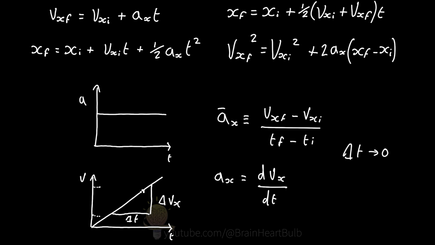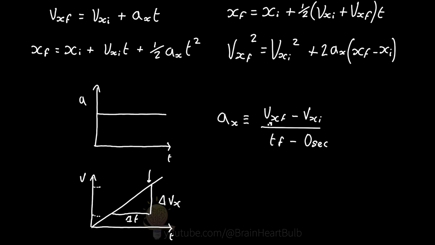If we took the derivative of the velocity time equation, we would get the same value. So we can substitute the instantaneous acceleration into this equation, because they result in the same value when velocity is linear over time, and we can set the initial time to be 0.